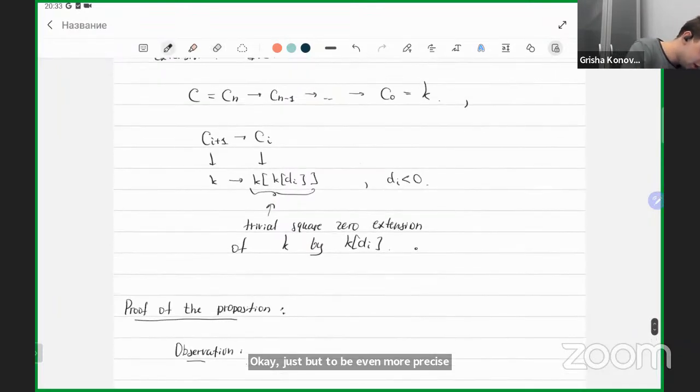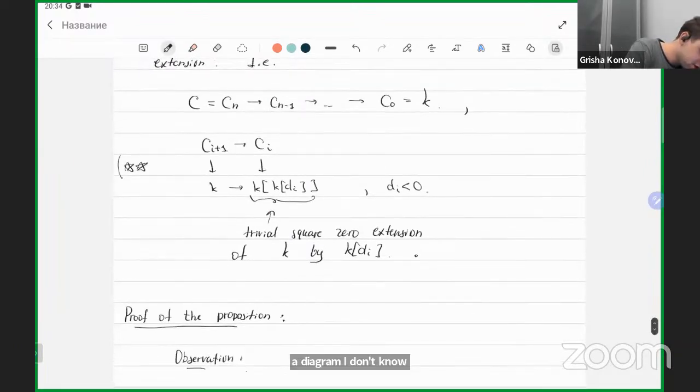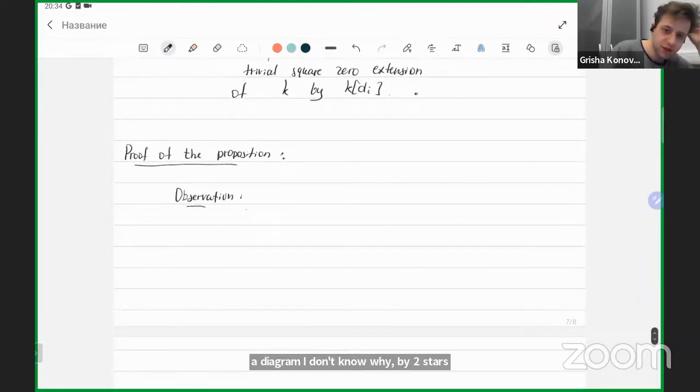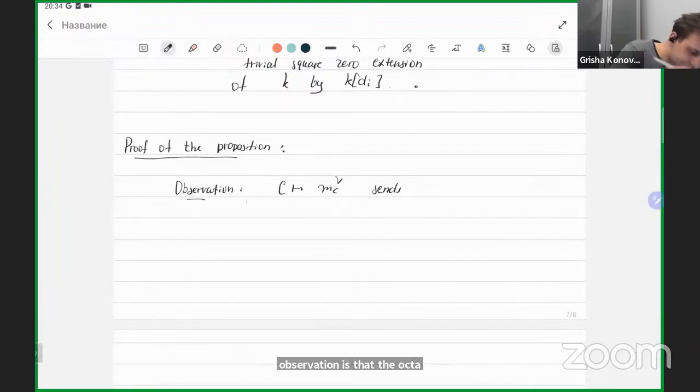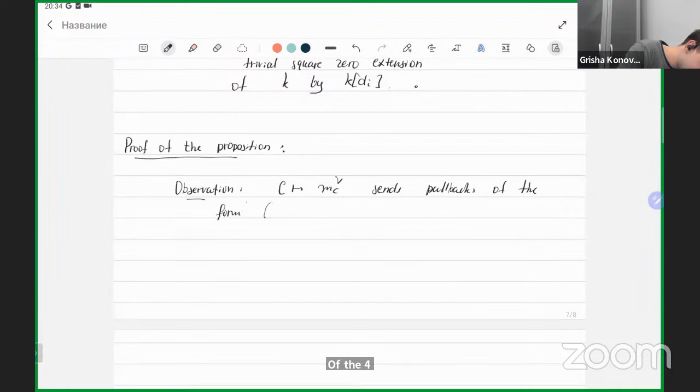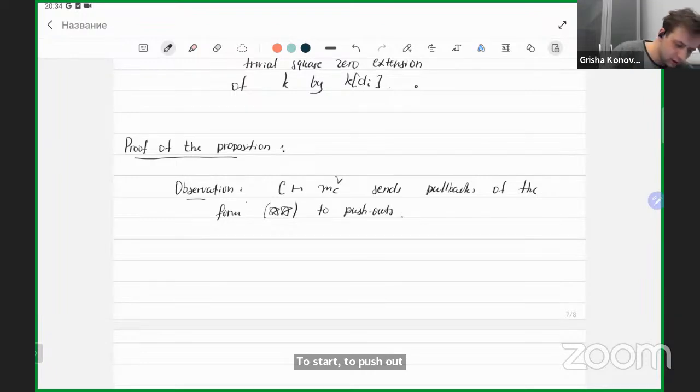Let me call such a diagram by 2 stars. And the observation is that the functor sends pullbacks of the form 2 star to push outs.